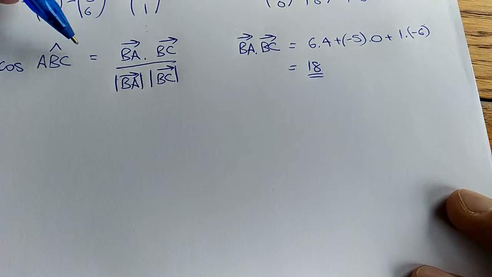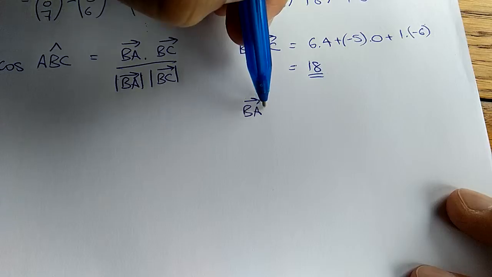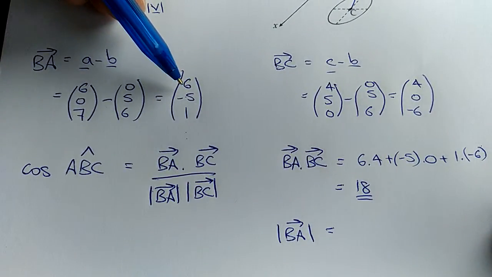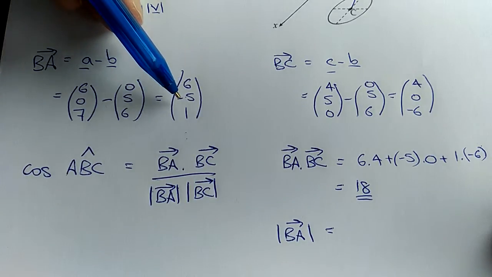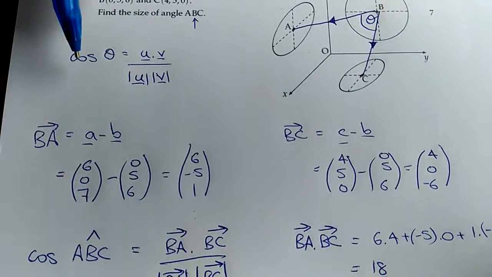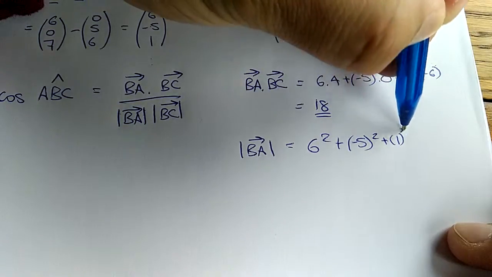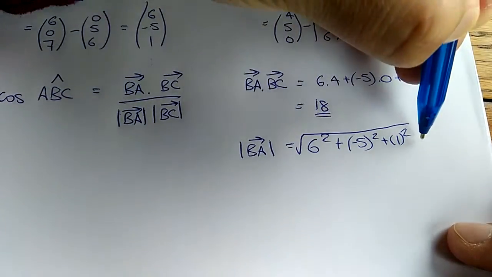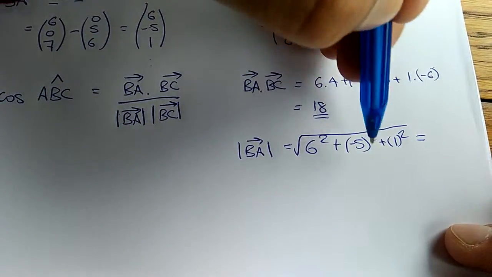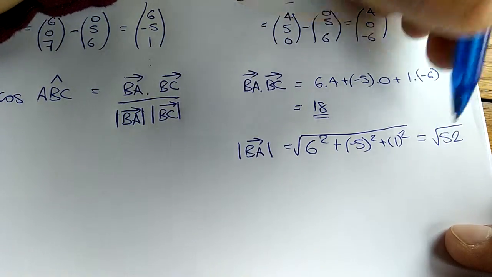And we're also going to find the magnitude of BA and the magnitude of BC. So magnitude of BA is going to be, it's just Pythagoras, it's just that squared plus that squared plus that squared. So 6 squared plus negative 5 squared plus 1 squared, which is 36 plus 25 plus 1. So 36 plus 26 is 52, I think, if my arithmetic is not off.